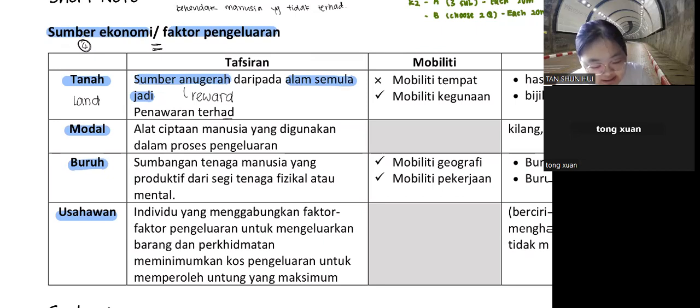Definitely they are limited supply. Penawaran terhad. Okay, limited supply. When it is limited supply, it means what? It's going to be expensive in future. Okay, semakin mahal, this is a further point you can talk about, okay?